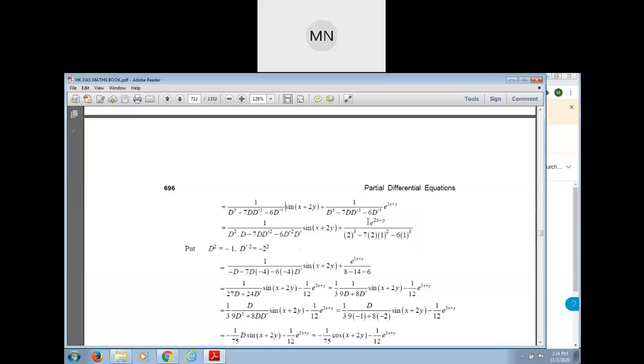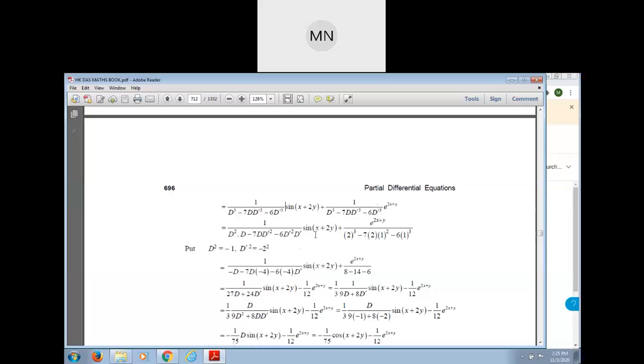And for the second part, we can directly put the value of a and b. For the second part, tell me a is what? A is 2 and b is 1. So you can directly put the value of a and b in place of d and d dash.